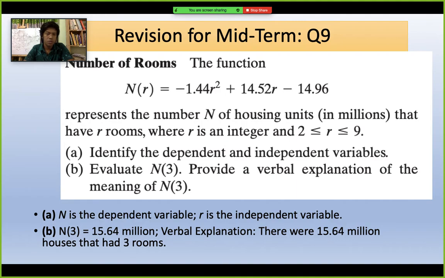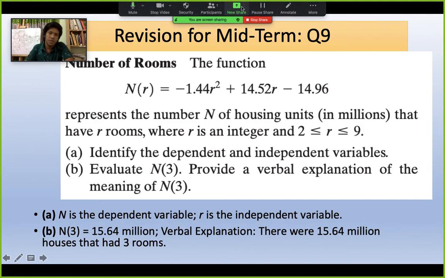The number of houses will depend on 3 bedrooms. If you do the calculation, it will be based on 3 bedrooms. If you put 3 here, the calculation will give you the total number of houses.